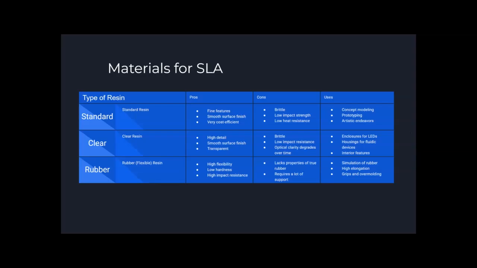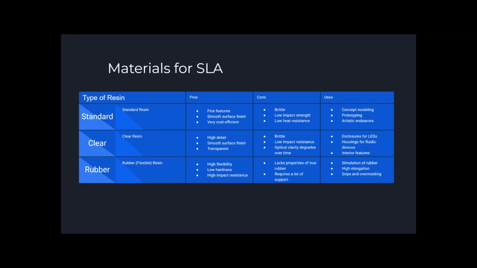SLA is all liquid resins, where it's something that you just pour into a vat, and because of that, it's going to have different properties. You're going to have to really fight to get clear resin, because if it's too clear, the UV light will cure everything, so it has to be opaque to UV light but clear to the rest of the visible spectrum.